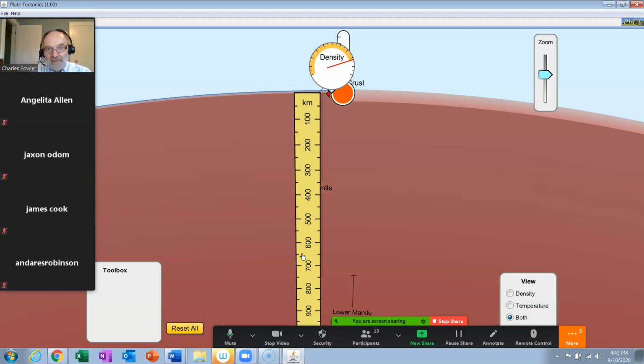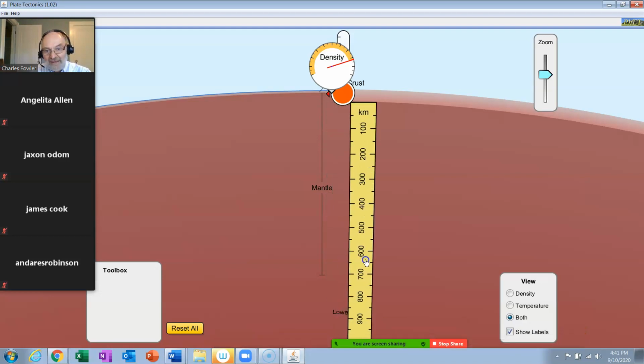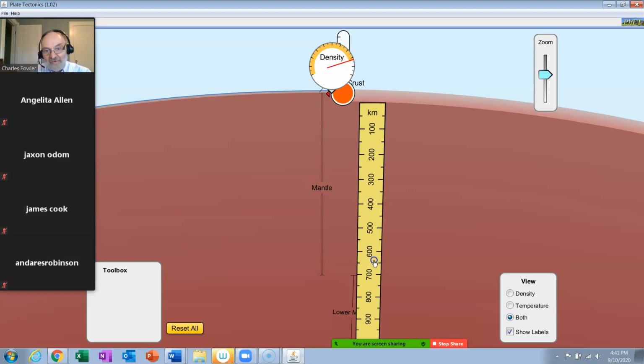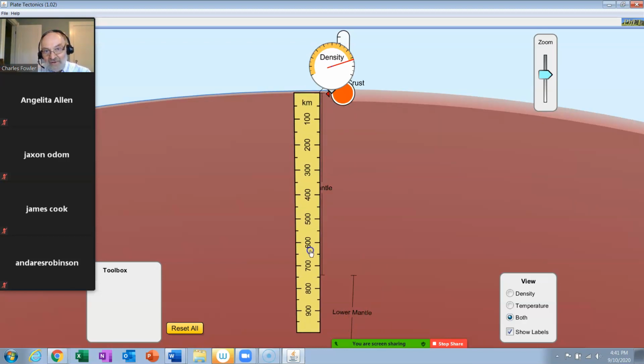Because from the bottom of the continental crust, which is so much thicker, it's right at 700 kilometers. If you go from the bottom of the oceanic crust, then you're right at, it may not be 750, let's call it 740.